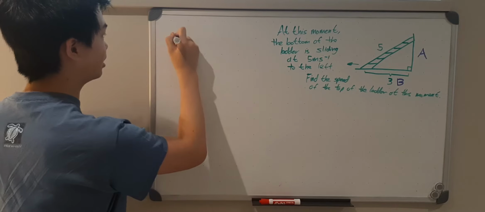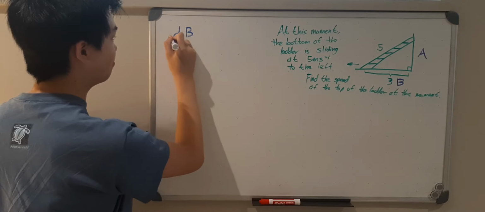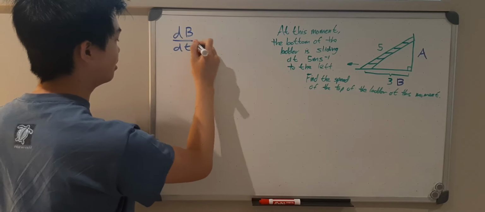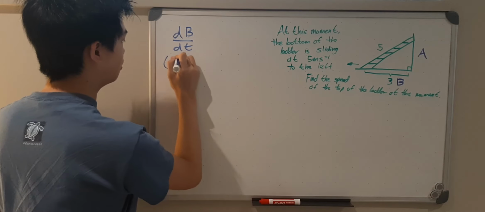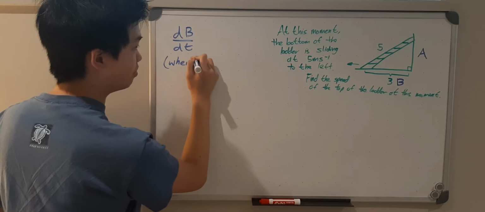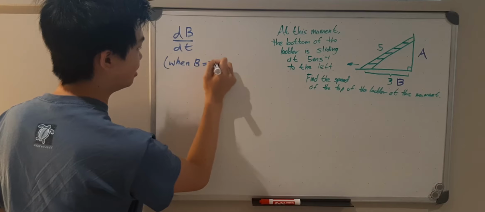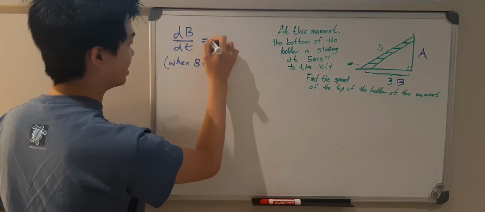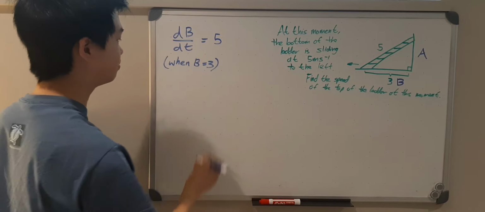So basically our given knowledge is that dB over dt, when b equals 3, is equal to 5.